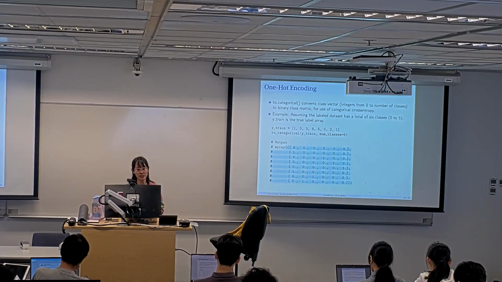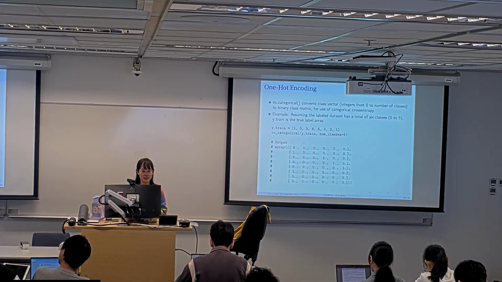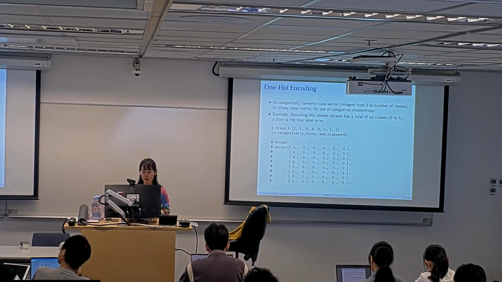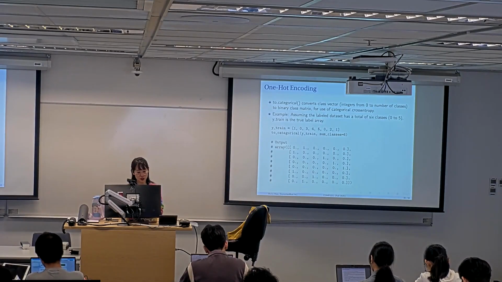Each row is just 1 data sample. And we will have 6 columns because in total we have 6 classes. So the number of columns is the number of classes we have. Now we just put 1 at the corresponding index representing the label.